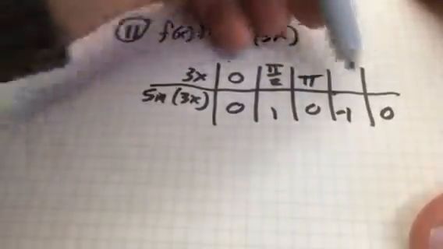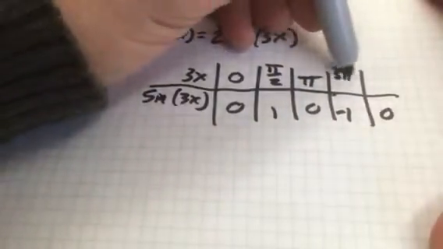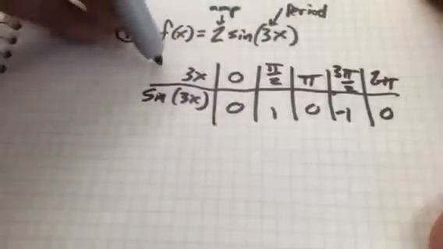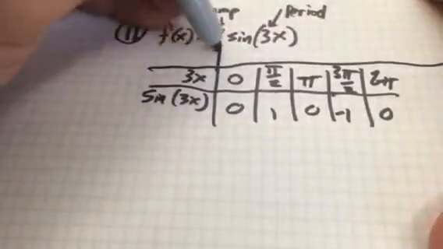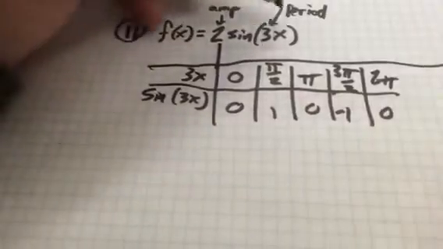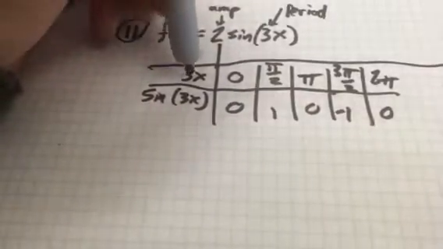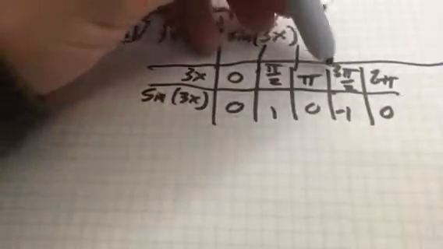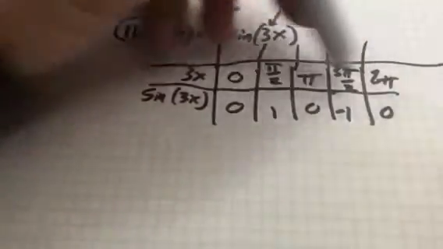When it's pi, it's this. When it's 3 pi over 2, it's that. And when it's 2 pi, it's there. So this is just building it up from basics. Sine of 3x takes these values when 3x takes on these values.